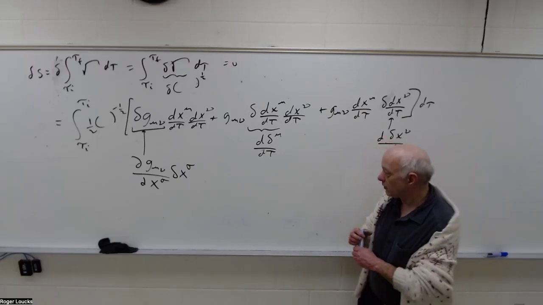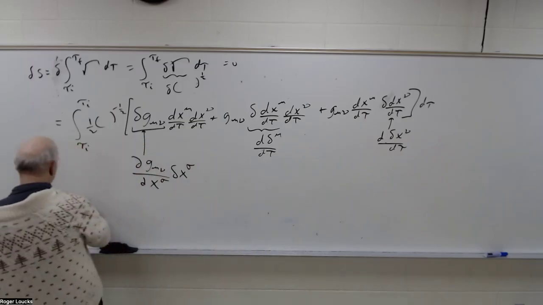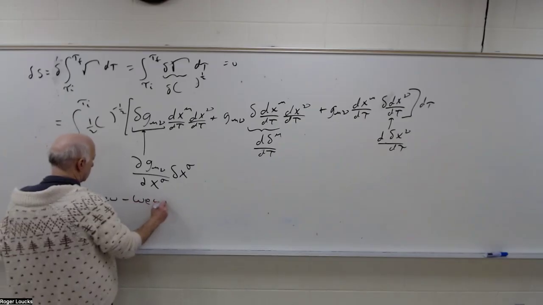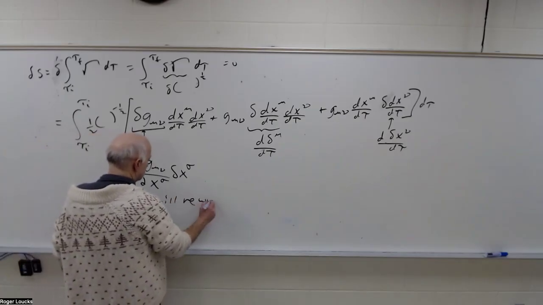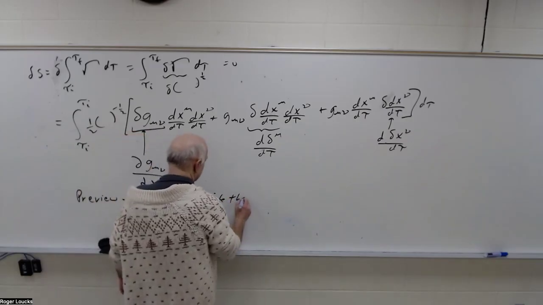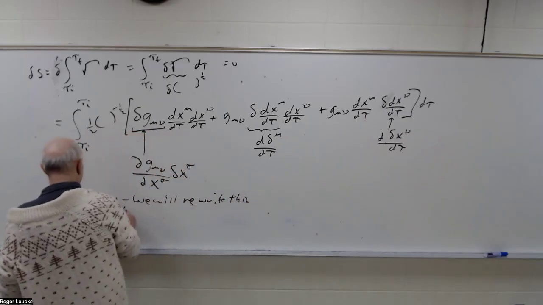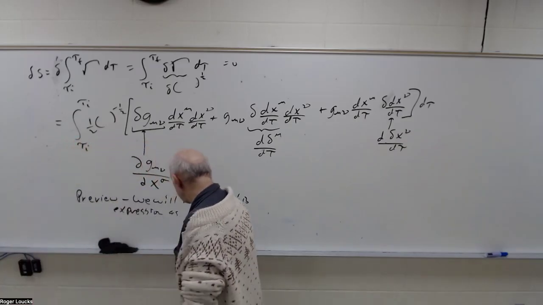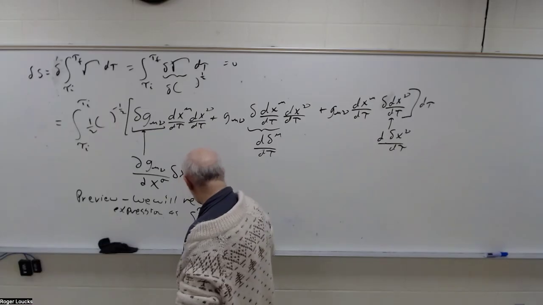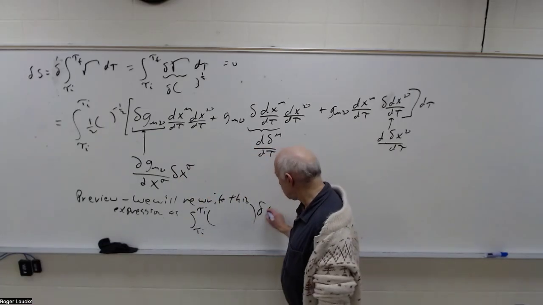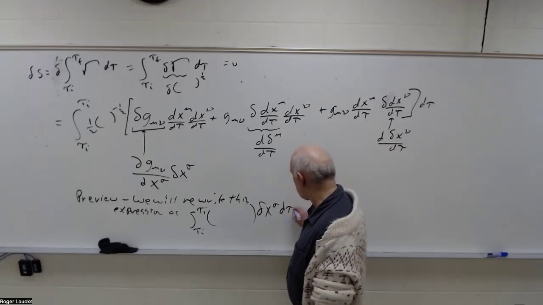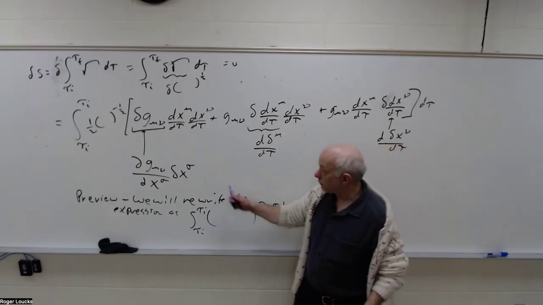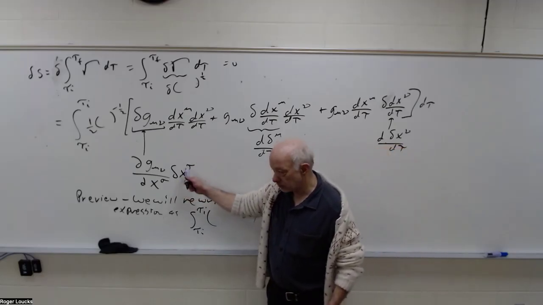Okay, so this is a preview. We will rewrite this expression as the integral of stuff times delta X sigma d tau equals 0. We're not there yet. This one's already here, it's my delta X sigma. That's great.